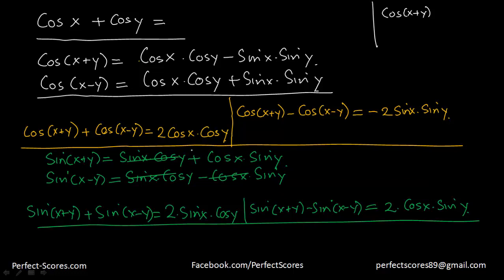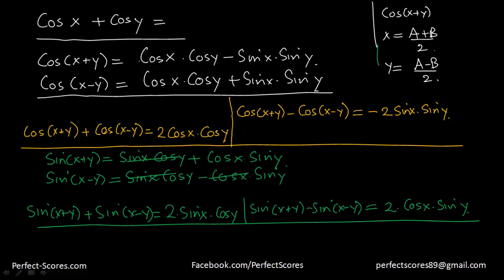Now if I write their variations, let's suppose that the value of x is equal to (a plus b) by 2, and the value of y is equal to (a minus b) by 2, right? Let's suppose this is something that I define.